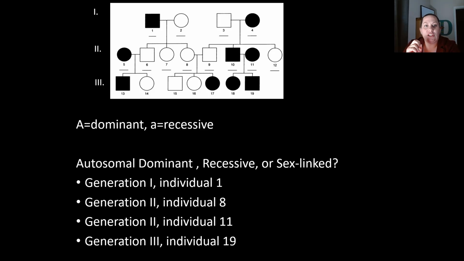But generation 2, individuals 6, 7, and 8 are their kids, and those kids were normal. The problem is that individual 5 who married in brought the trait. Because we also have equal male and female represented that have the disorder, this is a recessive disorder. I'm going to go into more detail of why that is in a minute.